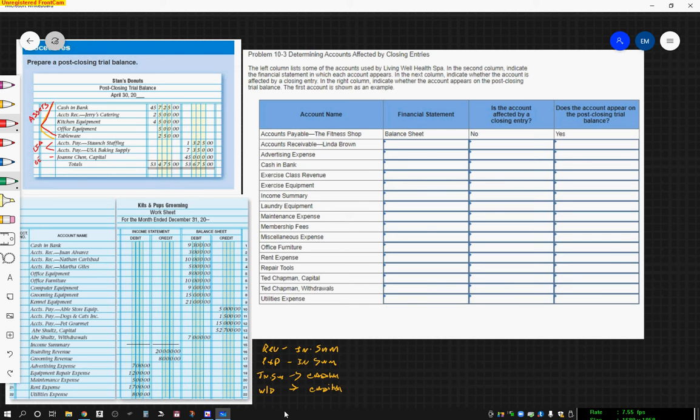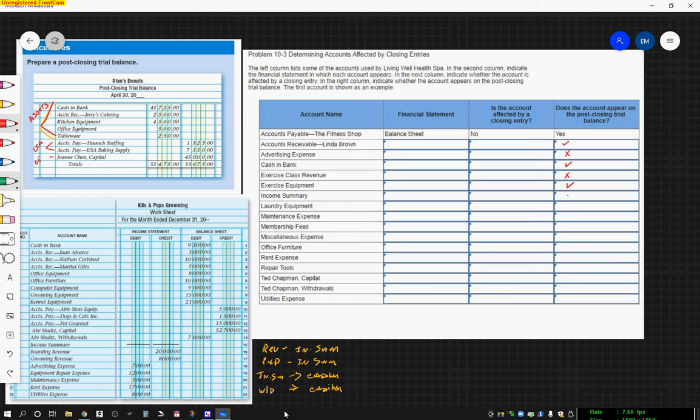So you could very quickly go through and say, will they be on the post-closing trial balance? Is it a permanent account that's listed on that post-closing trial balance? Well, receivables are, so I would say yes to that. Expenses, no. Cash and bank, yes. Revenue, no. Equipment, yes. Income summary. Do you see an income summary on there?